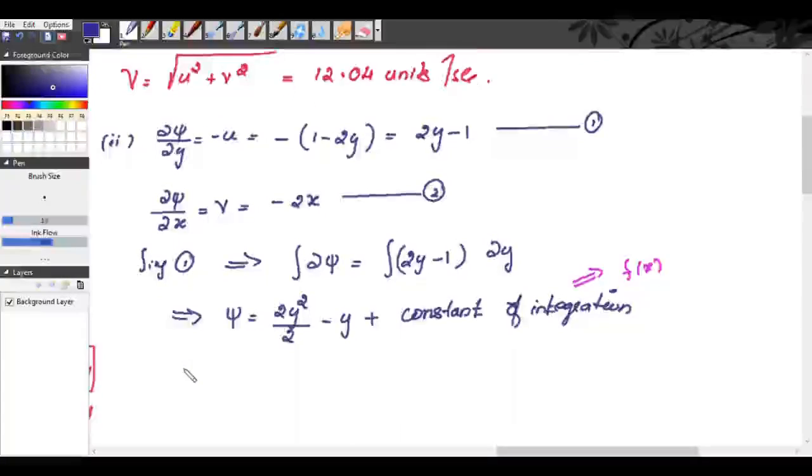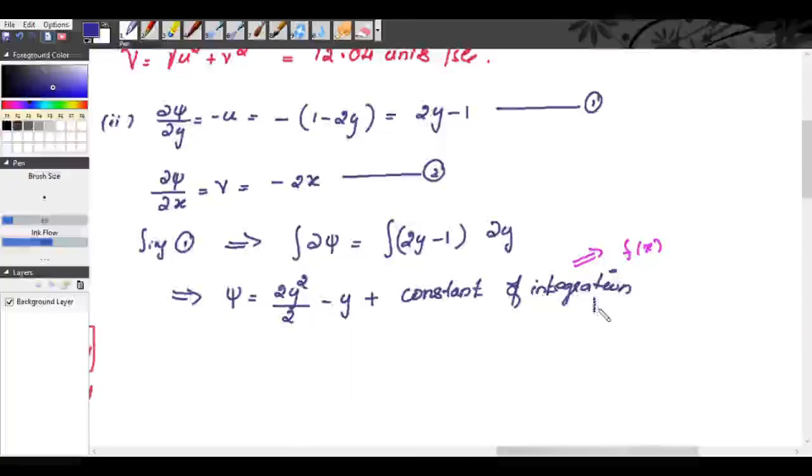So we will take this constant of integration as k. So what we get is psi is equal to 2y square by 2, so we can cancel 2, we get y square minus y plus k.